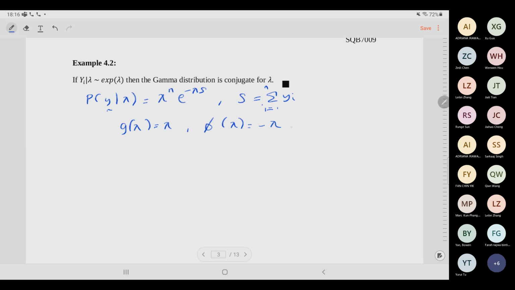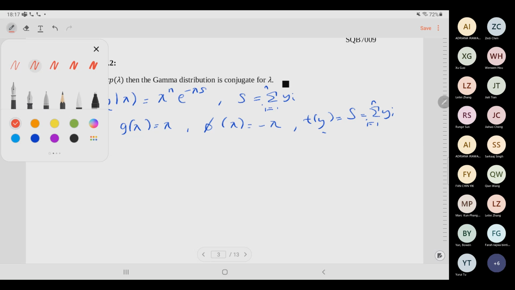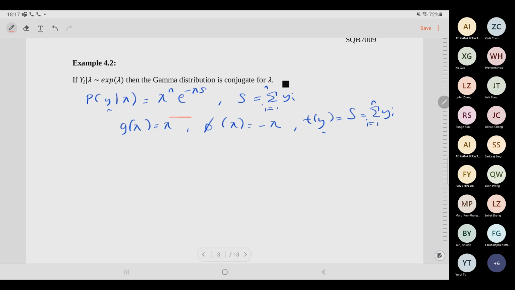And your sufficient statistic is actually your S. Meaning that if you have your function, you have to recognize where is your g, where is your phi, and where is your t_i, based on the exponential family form.